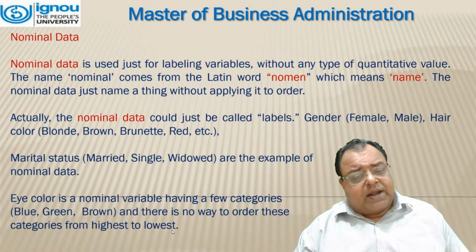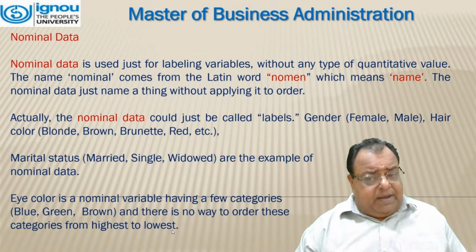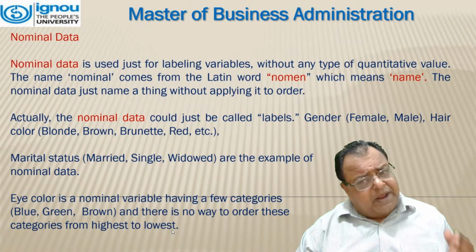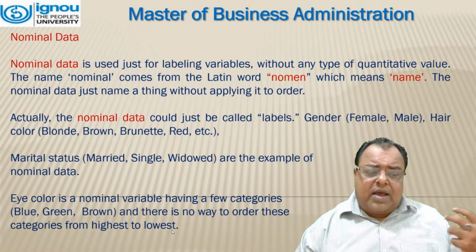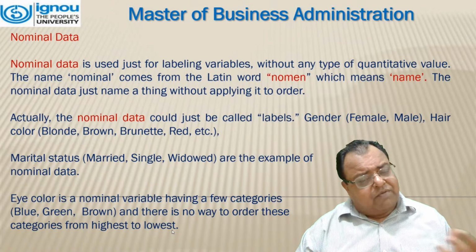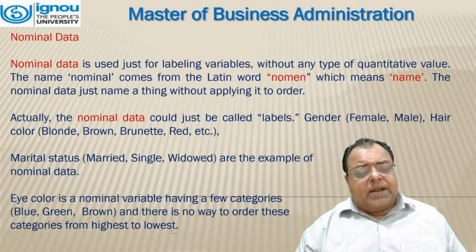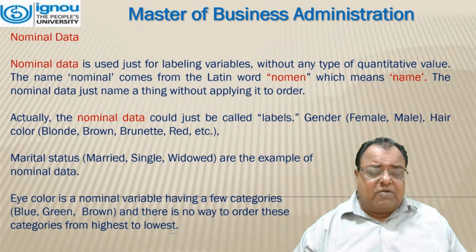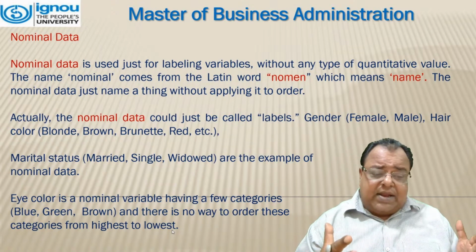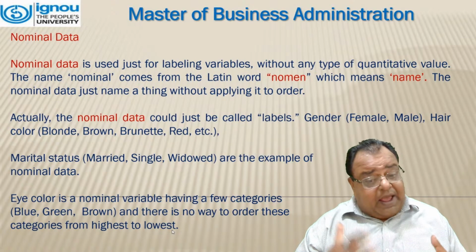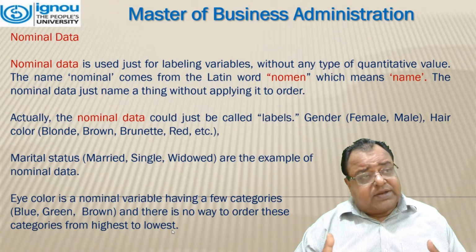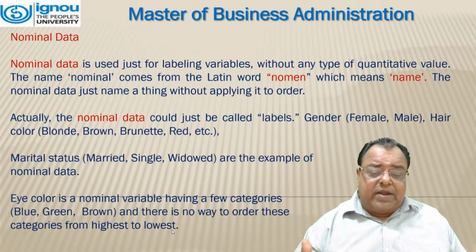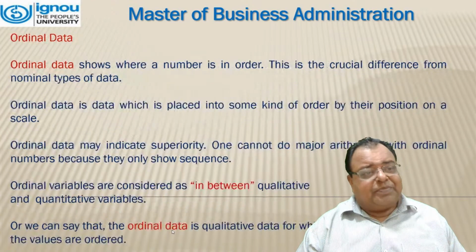Actually, nominal data could just be called labels, that is, gender, male or female, hair color, blonde, brown, brunette, red, etc. Marital status, married, single, widowed are examples of nominal data. Eye color is a nominal variable having a few categories such as blue, green, brown, and there is no way to order these categories from highest to lowest.